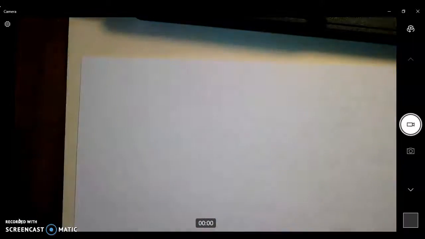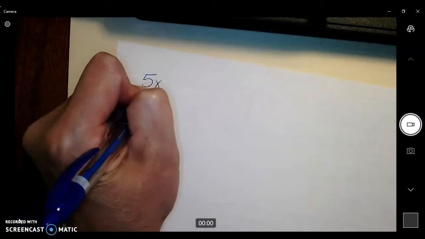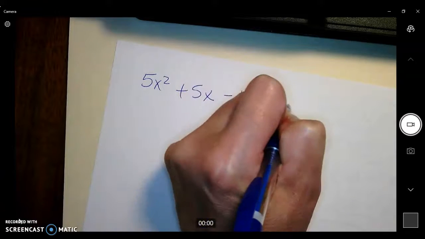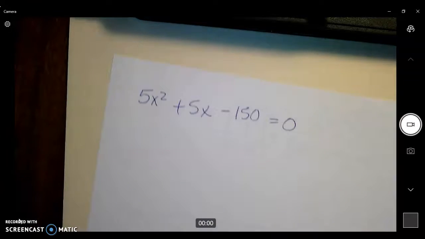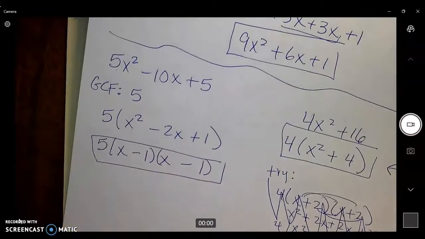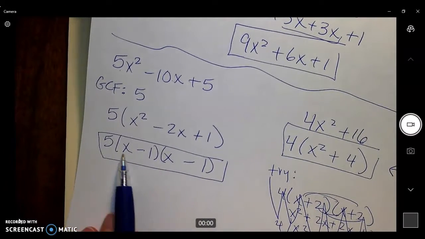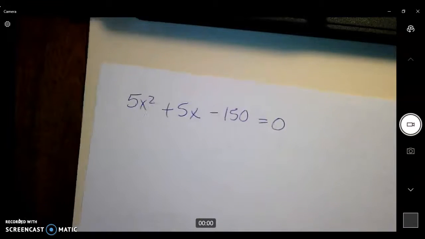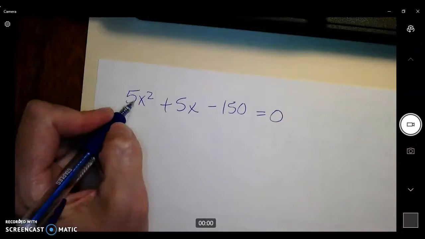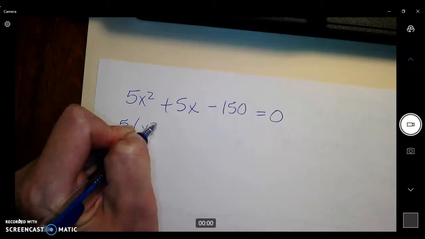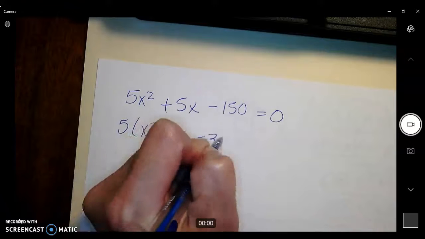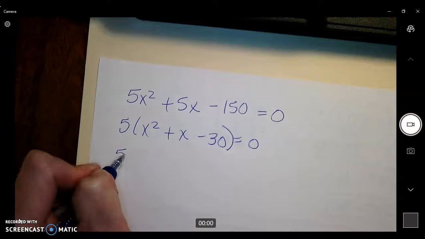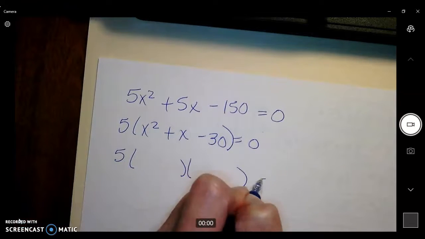Alright, last one we're going to try is 5x squared plus 5x minus 150 equals 0. Recall that when I do not have an equal 0, my answer looks like lots of parentheses. When I have an equal 0, I'm going to take it a step further. So we're going to do the same thing we did last time. Take the GCF out, so I take a 5: 5 times (x squared plus x minus 30) equals 0. And now I'm going to factor the stuff in parentheses.